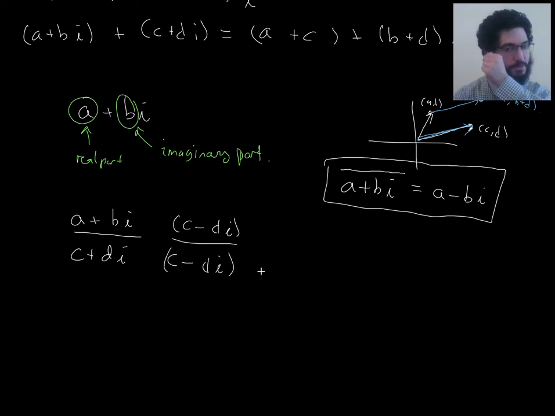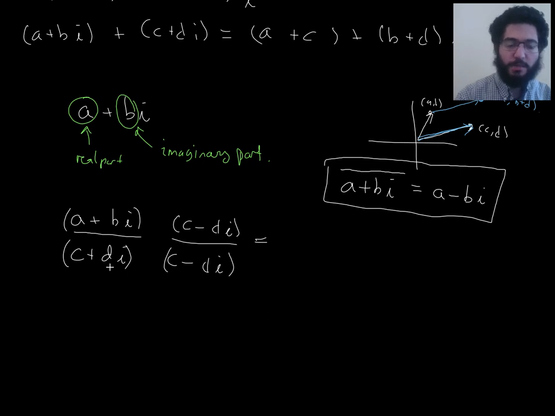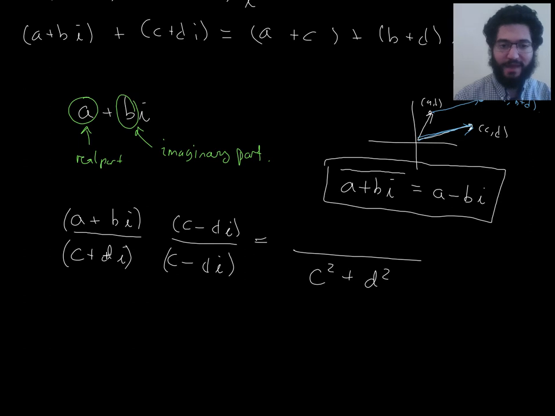And why does this trick work? This trick works because in the denominator you end up multiplying a complex number by its own complex conjugate. And when you do that, you get a real number.